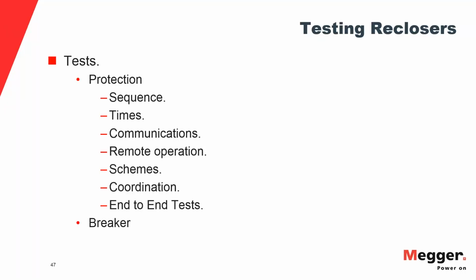Remember, we talked about distribution schemes. Schemes, by the way, is one of the things that NERC requires you to test as well. You test coordination between different reclosers, and if you're using scheme tests, you can perform end-to-end tests. Other things you test are the breaker, the sensors, things that I'm not mentioning here because I'm not focusing on those tests during this presentation. It would be too long, I guess.